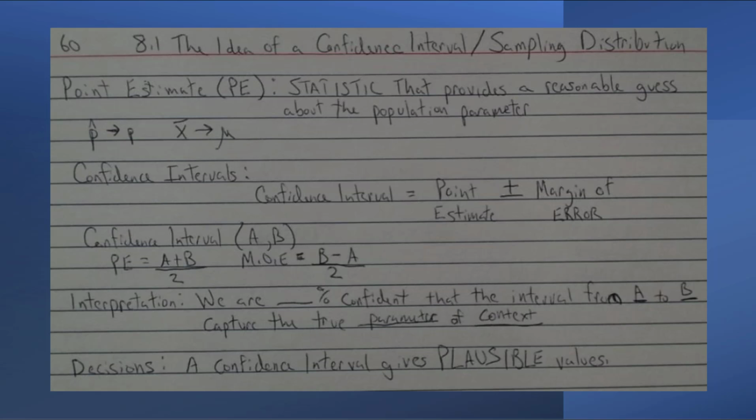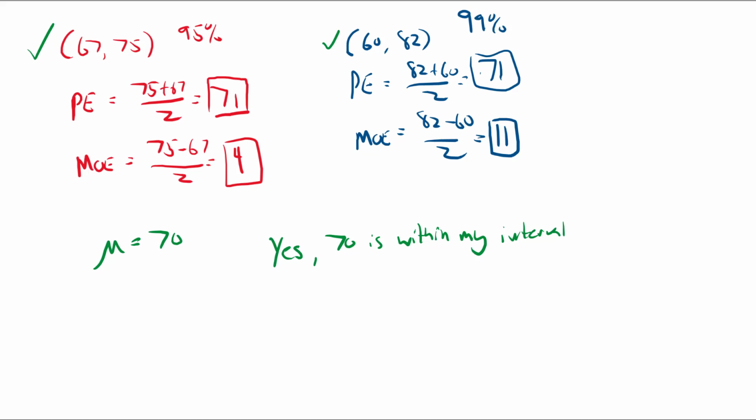The interpretation, which we didn't go over too much, is that we are 90% confident that the interval from A to B captures the true parameter in context. So we'll go about making that statement here.